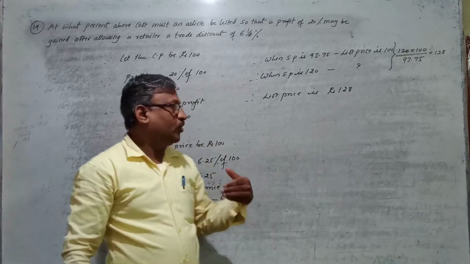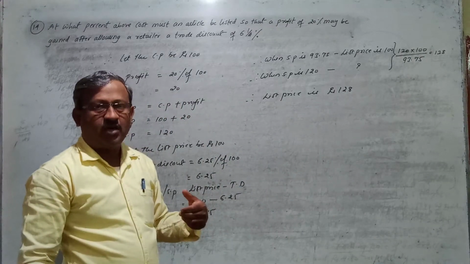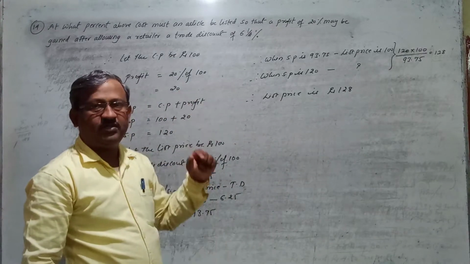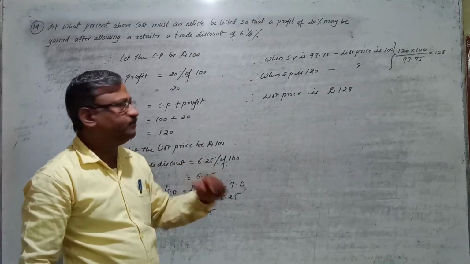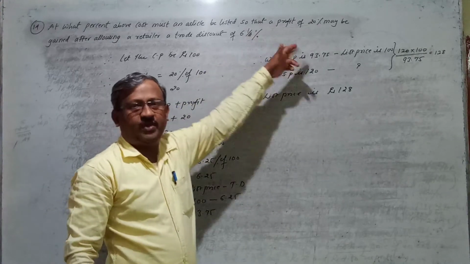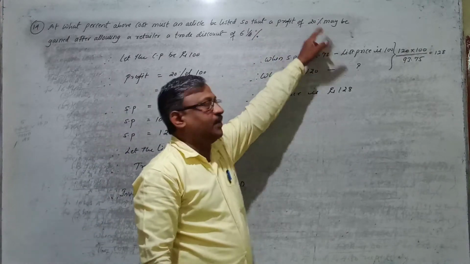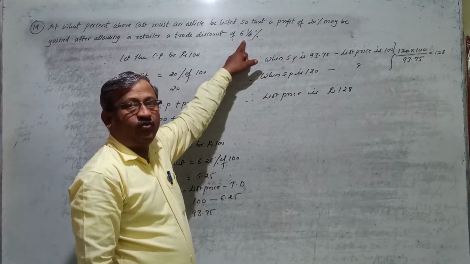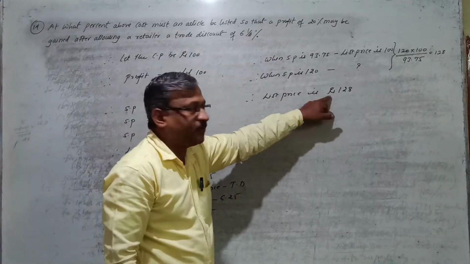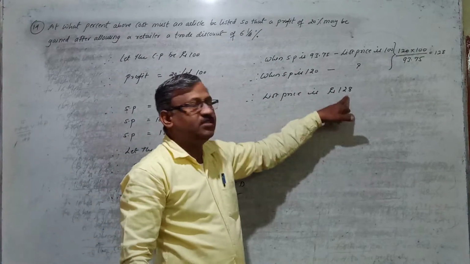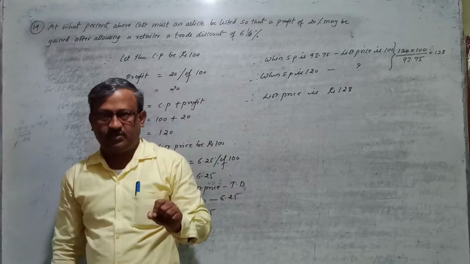Before selling the article, you first have to refix the price of his goods in such a way that after giving some discount, he makes some profit. So if he wants 20% profit on his cost price after giving 6.14% discount on his list price, then he has to raise his list price by 28 rupees.